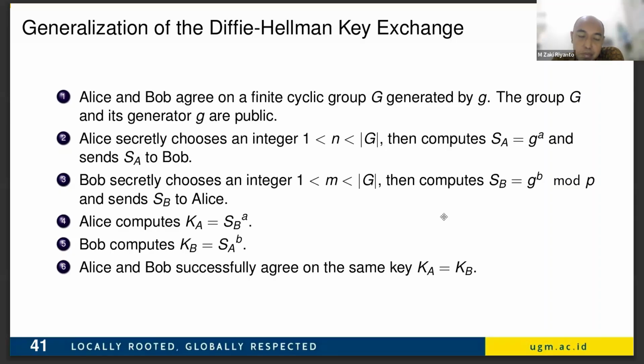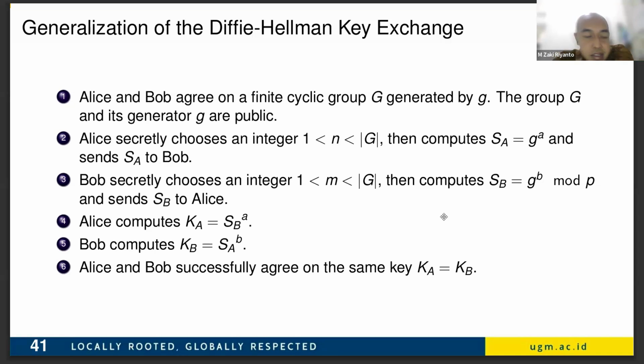Also Bob secretly chooses an integer B between 1 and the order of G, then computes SB, G to the power of B, and sends SB to Alice.